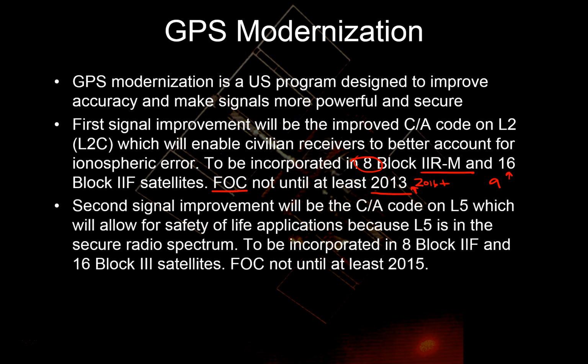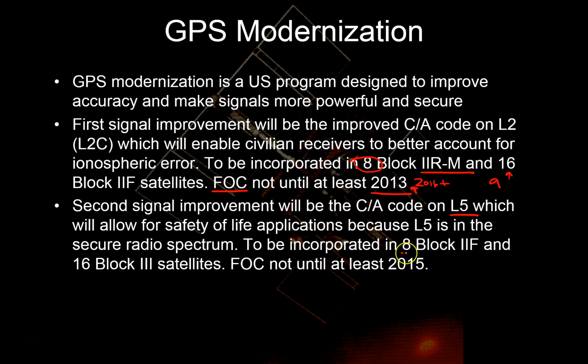The second improvement will be a CA code on L5, which is that safety of life signal, and that's going to start creating different applications. L5 is in a very protected frequency domain, which means there are no other signals that can start encroaching on L5, in a legal sense, that is. And other benefits.